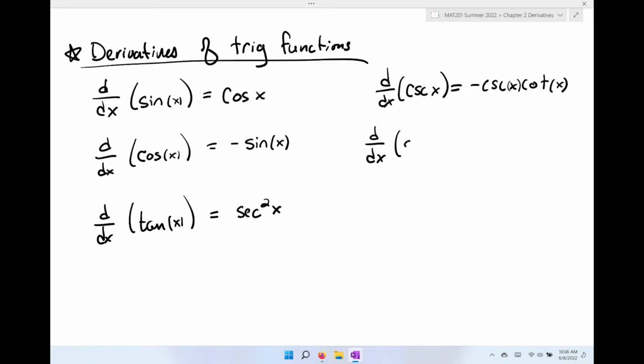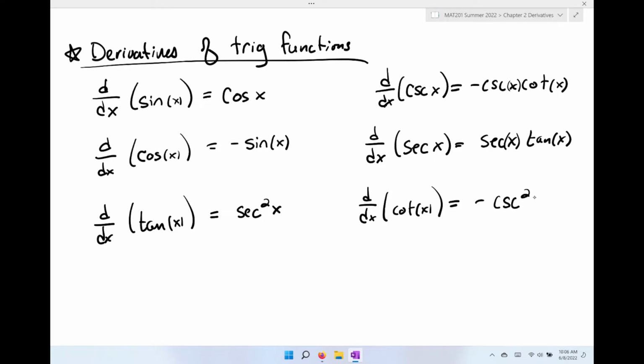The derivative of secant x is equal to secant x tangent x. And finally, the derivative of cotangent x is equal to negative cosecant squared x. So you don't hear me say this a lot, but it is in your best interest to go ahead and memorize these.